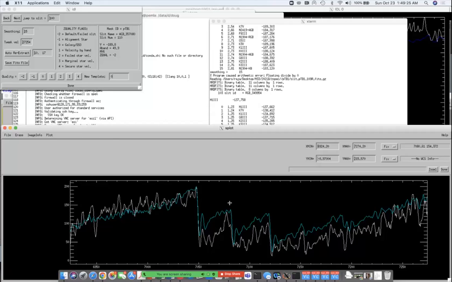The other reason for differences is that the white spectrum is noisy. This star is 2.5 million light years away, so even though it's a powerful telescope, we don't get a perfect spectrum. There's a lot of noise.